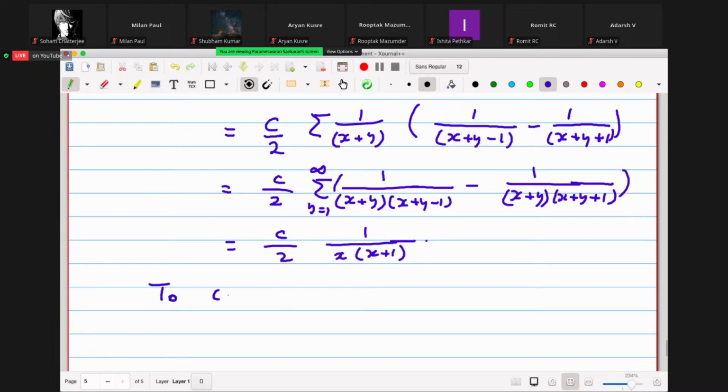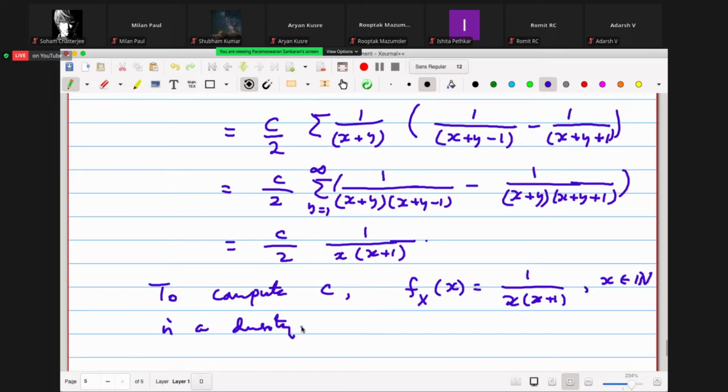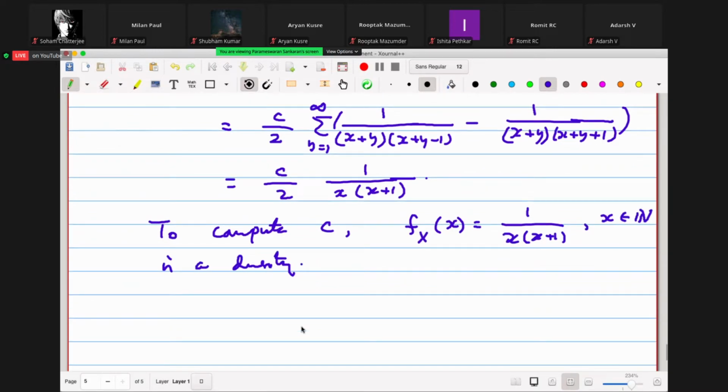To compute c, you use the fact that 1 by x times (x plus 1), x taking values in positive integers, is a mass function. Sorry, I should not call it density, I should call it mass function. So if you sum over this, it should give you 1.